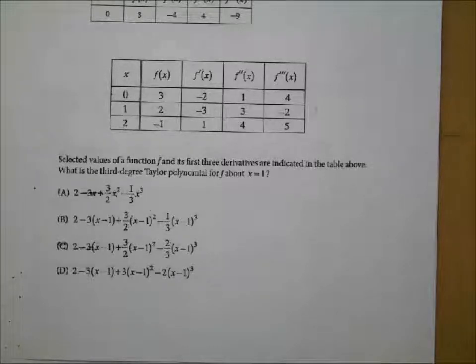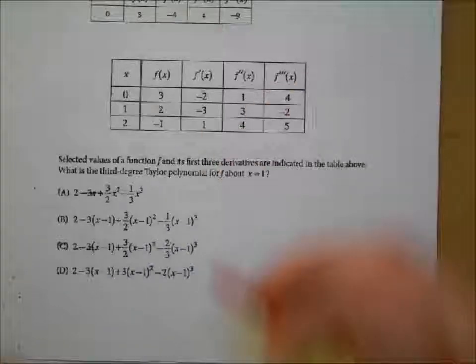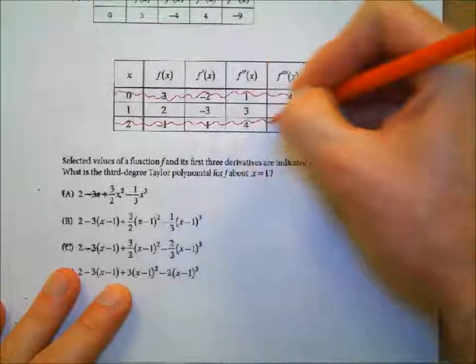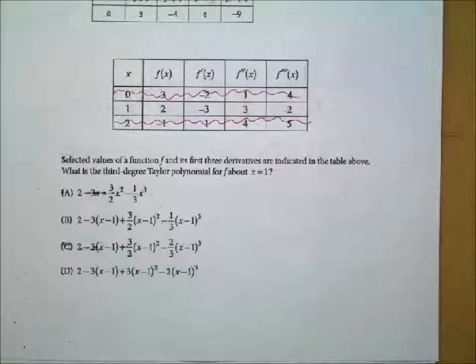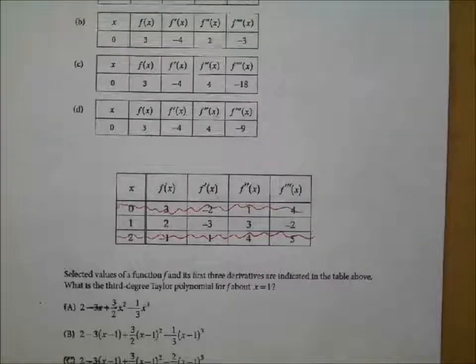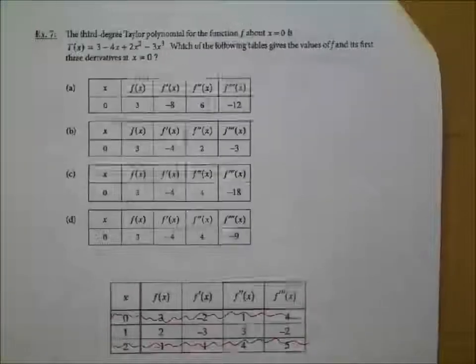No. Which parts of the table do we not need? The row that has x equals 0 and the row that has x equals 2, right? Because none of that information is pertinent to being centered around x equals 1. So with the clue for each one, we'll give those a try now. Try both of those and see if you come up with the answer.